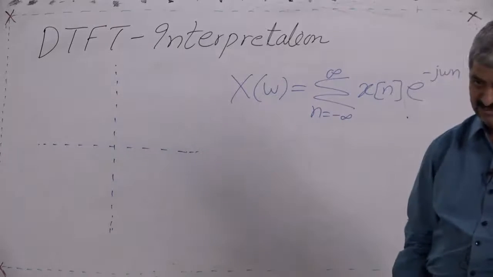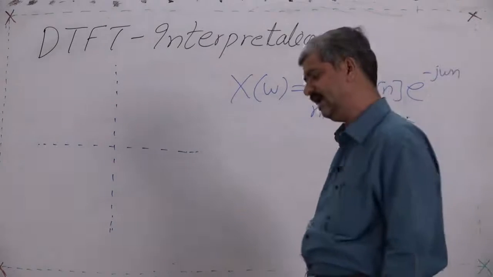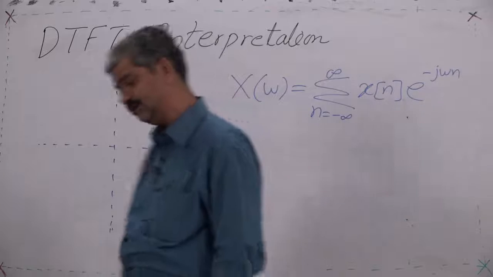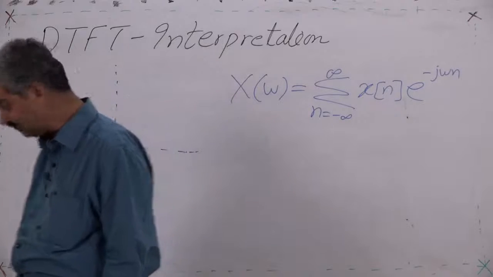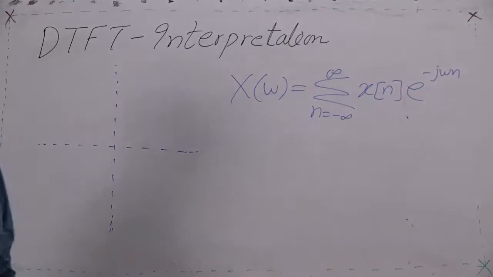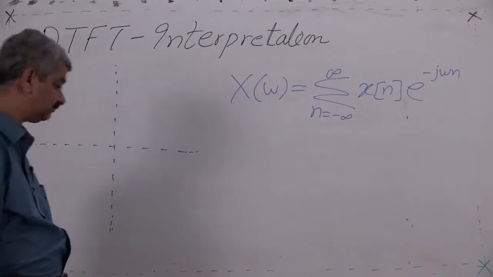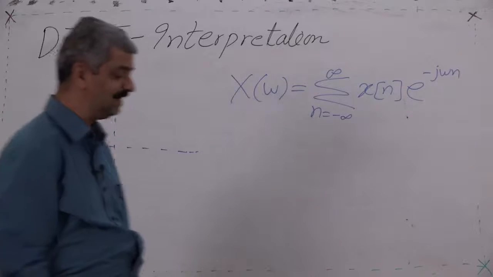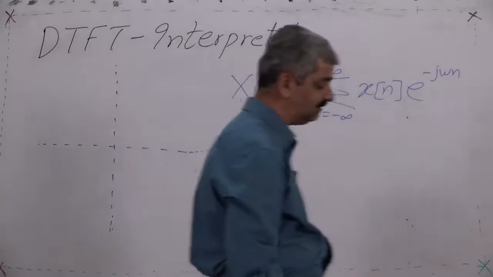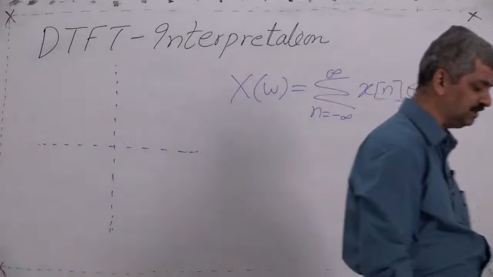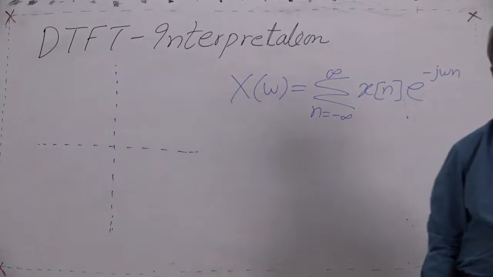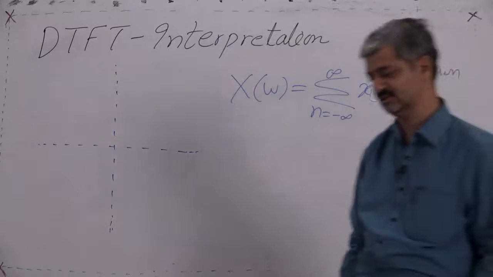So x[n] is a point in the 2D plane, and e raised to minus j omega n is also a point in the 2D plane. Here the weights we have got are peculiar. Weights have magnitude 1 and they are positioned differently at different angles on the unit circle.